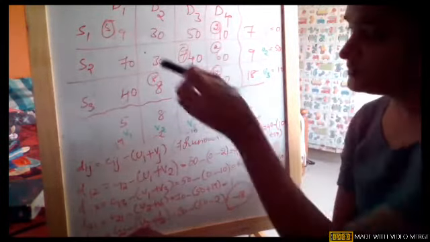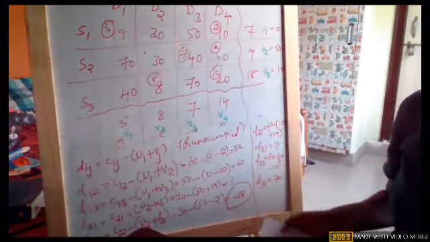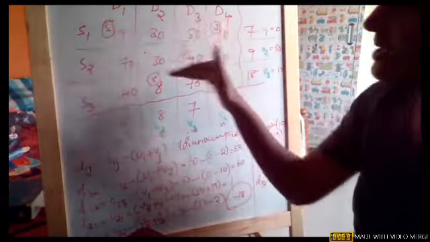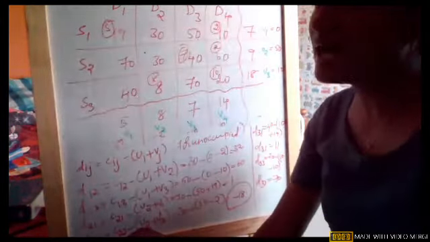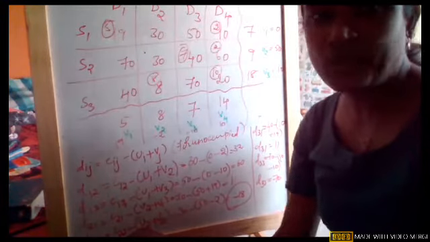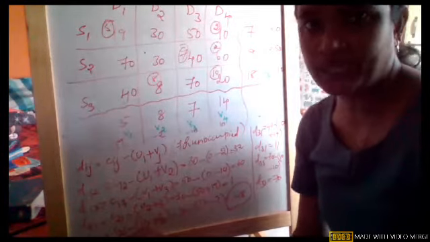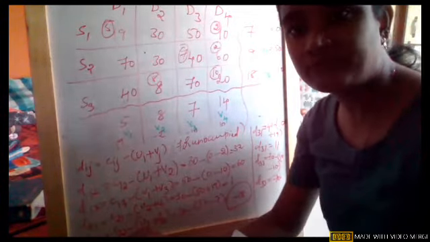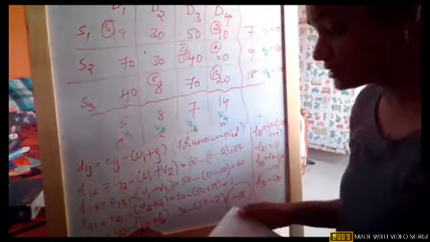As our matrix is in transportation method form, our loop will be a square or a rectangular loop. It will never be a circular loop. It will be a square or rectangular loop with corners.